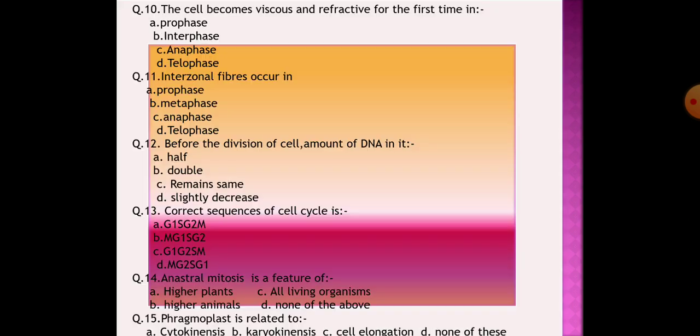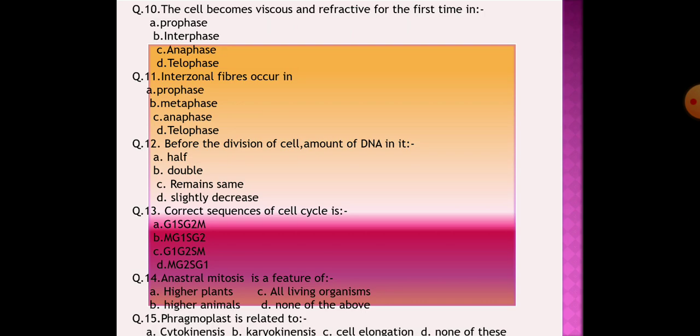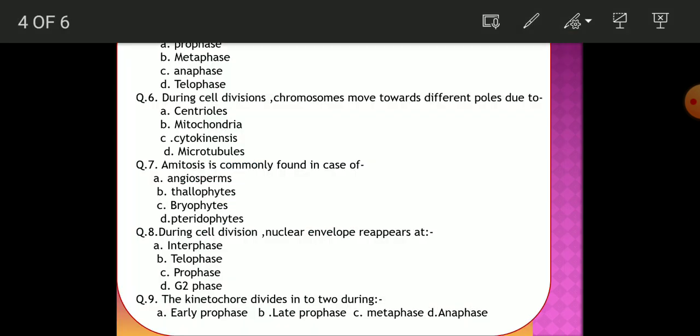Out of these four options, the longer phase of mitosis is prophase, because whenever we study the different stages of mitosis, prophase is the first stage, and it is the longest and the most active stage of mitosis division.